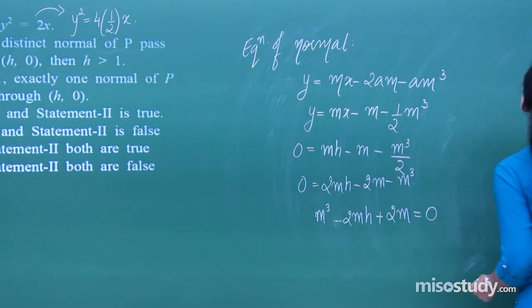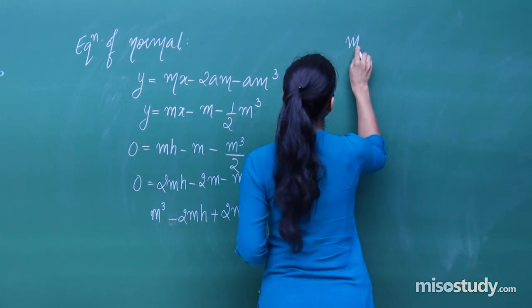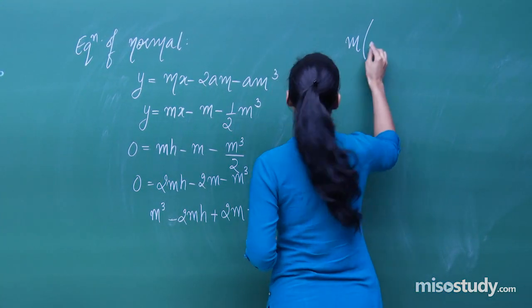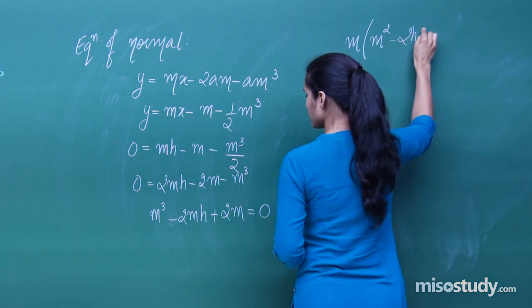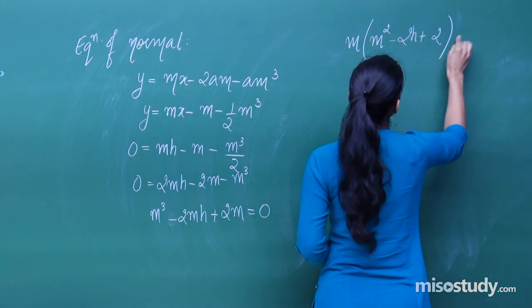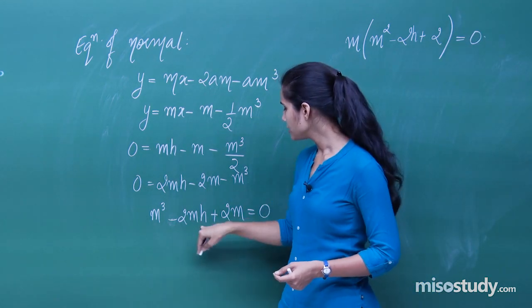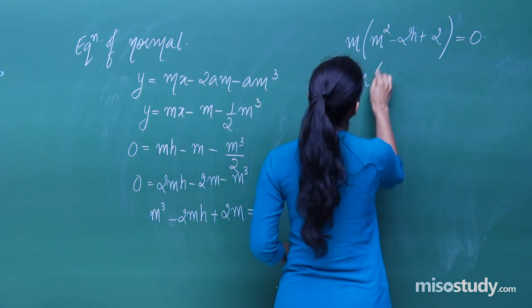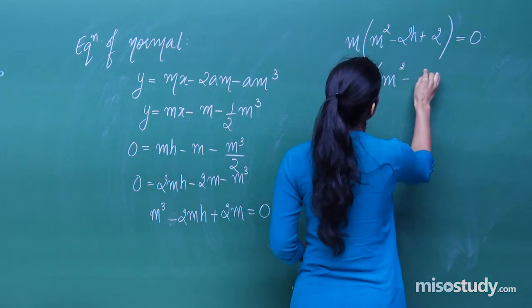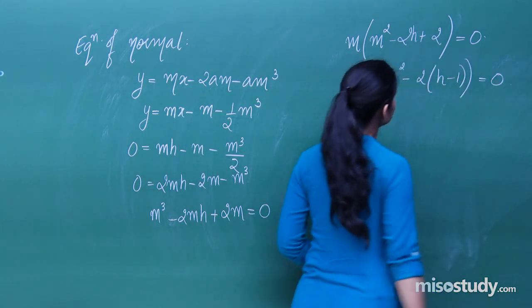Now if you simplify this, let me just take out m common, you have m square minus 2h plus 2 equals 0. M is common. So you get m square minus 2h plus 2 equals 0. So here this becomes m square minus 2 into h minus 1 equals 0.